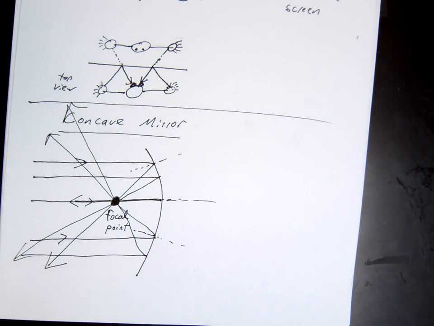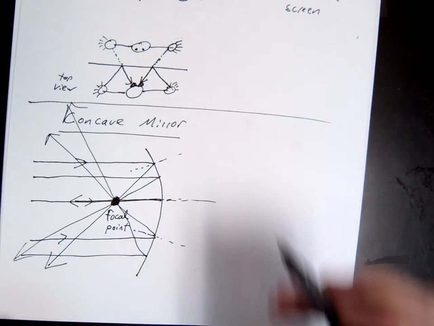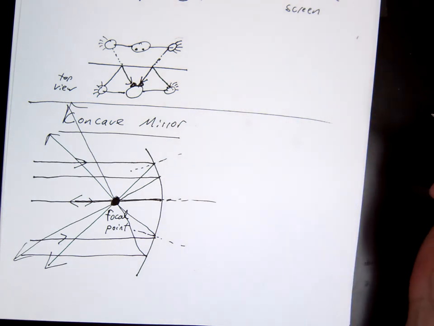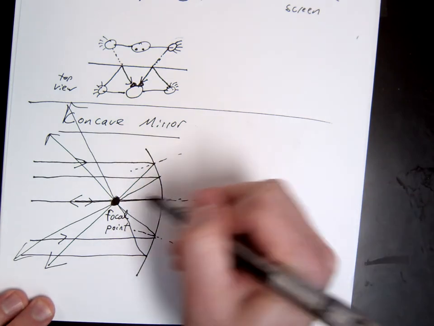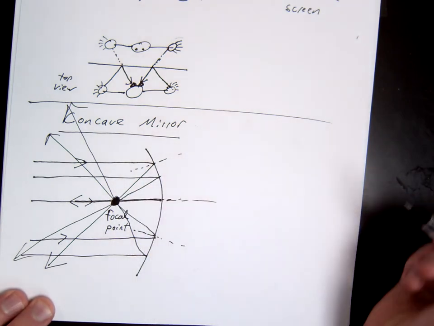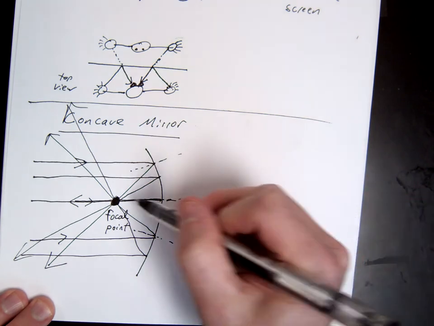It's right there where all parallel beams intersect. If I measure the distance from here to here, that's called the focal distance or focal length.